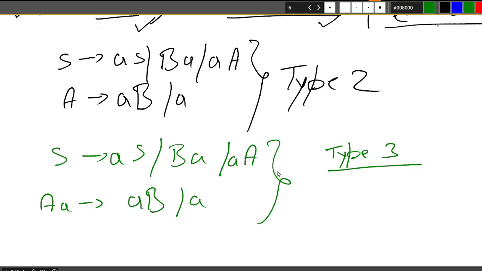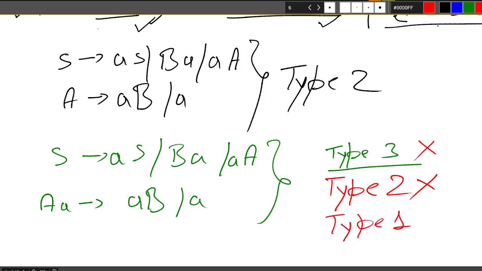Sir, it will not be type 2, then I think it will be type 1, sir. So Vivek is saying it can be type 1. It cannot be type 2, it cannot be type 3 then. Okay, so it can be type 1, you are saying. Okay, let me make it.